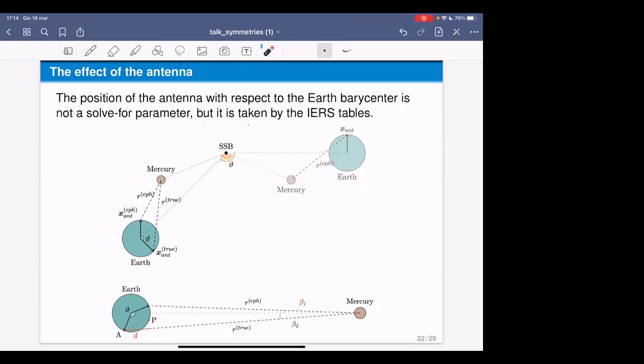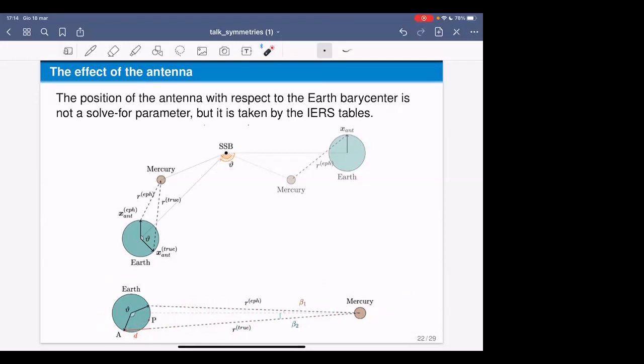And as you can see from this figure here, the difference when rotating is this amount d. It is small if compared to the distance Earth-Mercury, but it is not exactly zero.